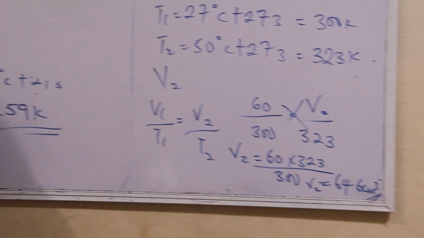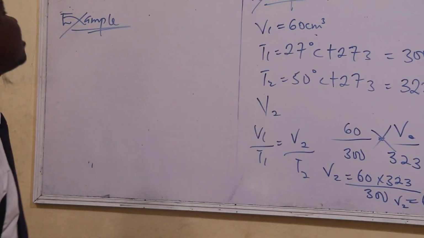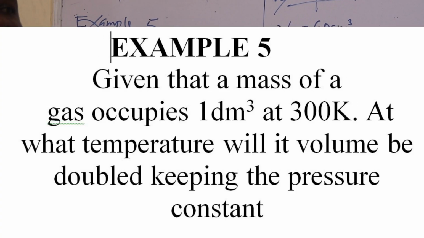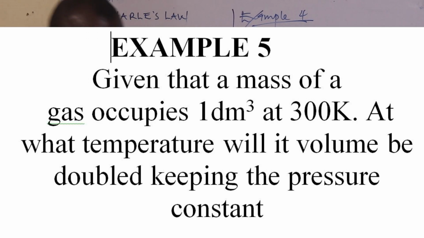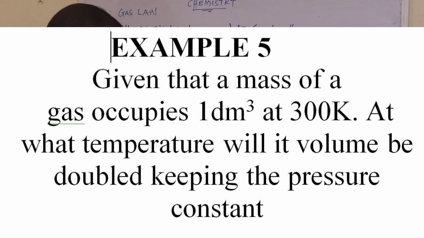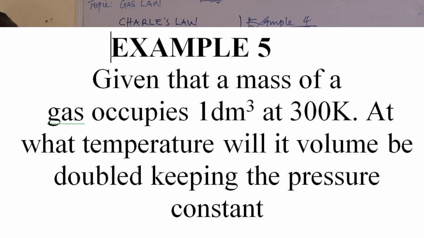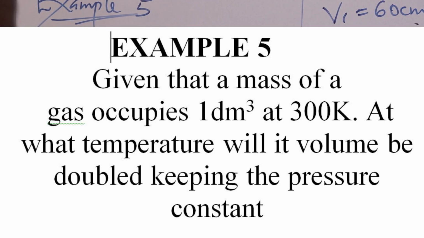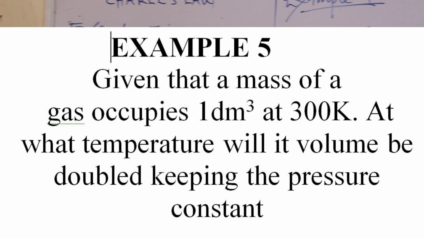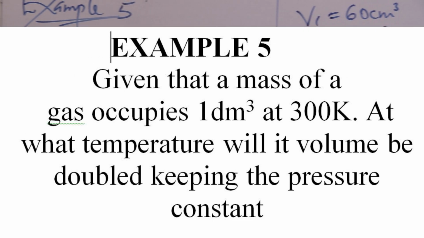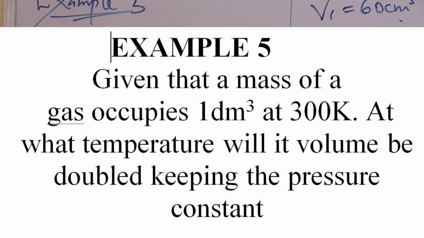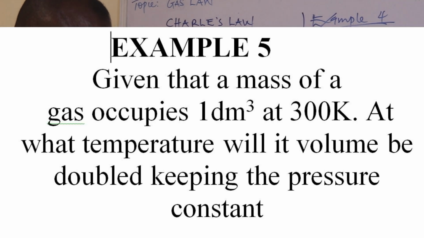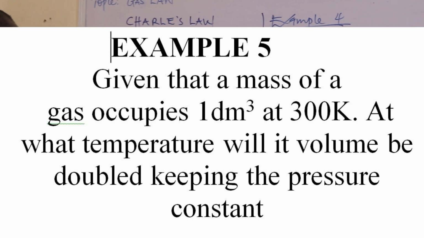Example 5. Okay, let's look at example number 5. Let's check the screen. It's a UTME question of 2020. It says, given that a mass of a gas occupies 1 dm3 at a temperature of 300 K, at what temperature will its volume be doubled, keeping the pressure constant?